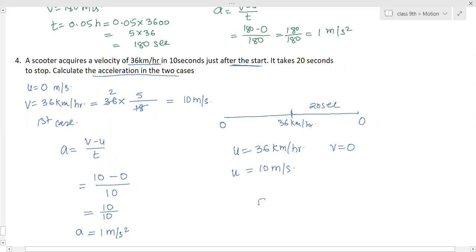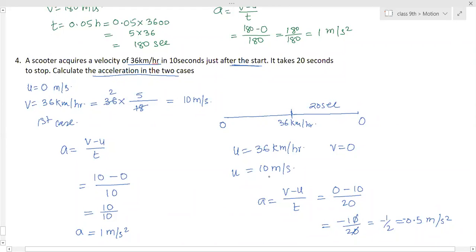So you have to calculate the acceleration, that is, retardation actually. v minus u by t. v is 0 minus 10 by 20, because 20 seconds has been taken. Minus 10 by 20, so this gets cancelled. This is minus 1 by 2, which is minus 0.5 meter per second square. Yes, minus 0.5 retardation.